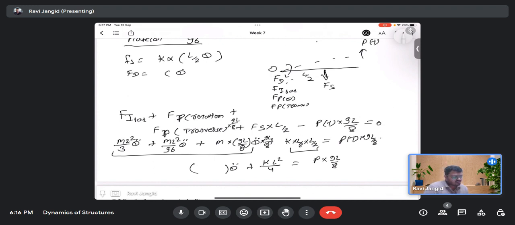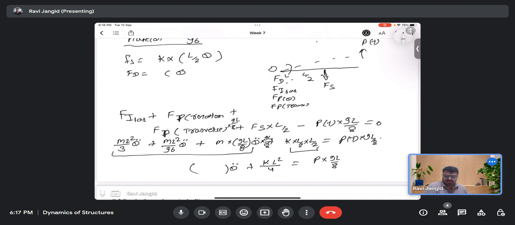So did you get it? How much? Actually, I got from the digital form like 1.6 ml square theta double dot. Let me check.